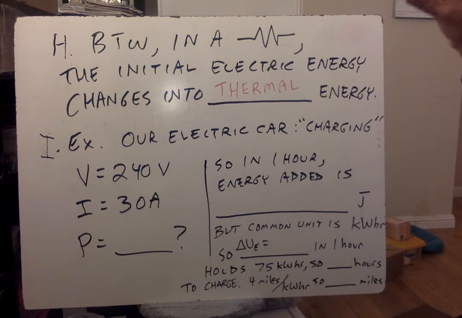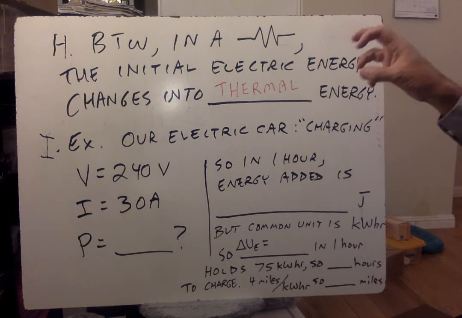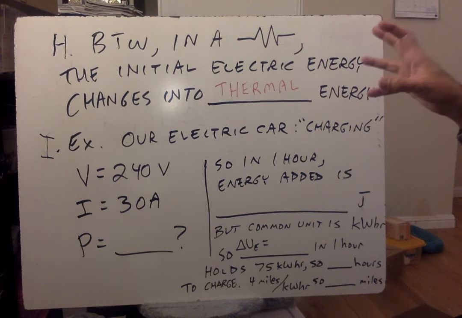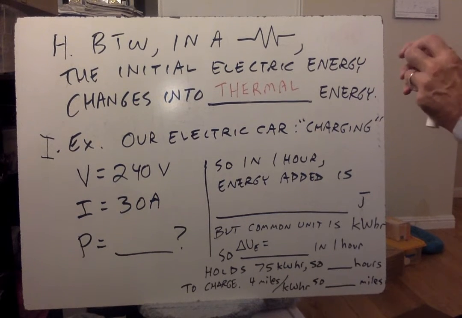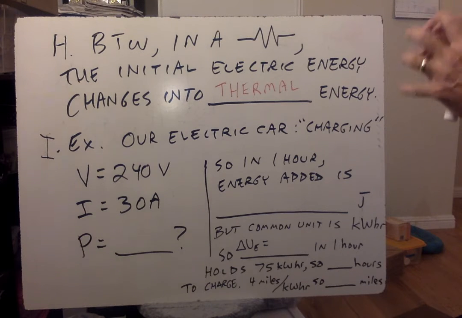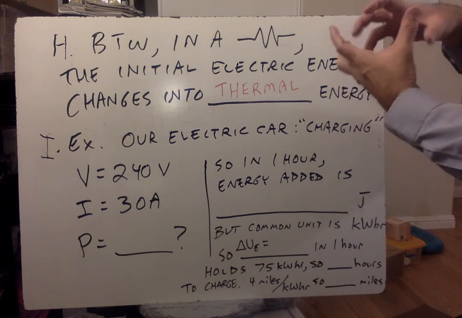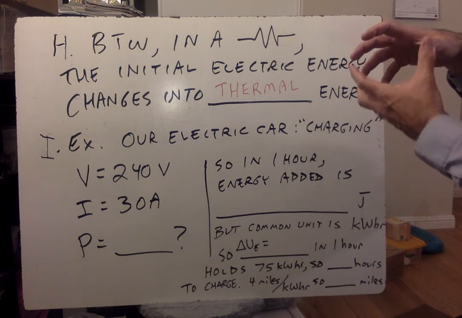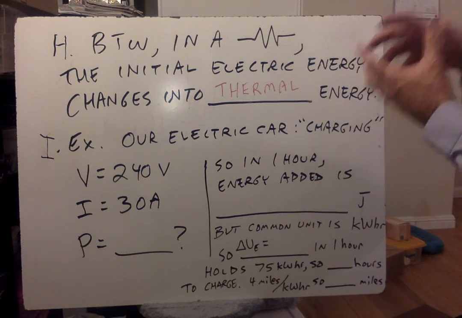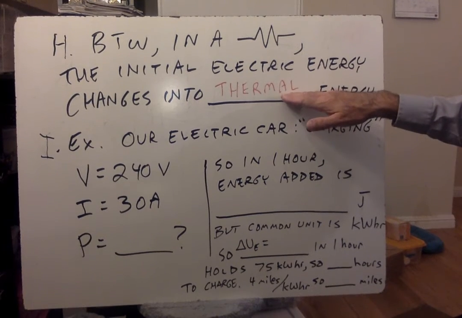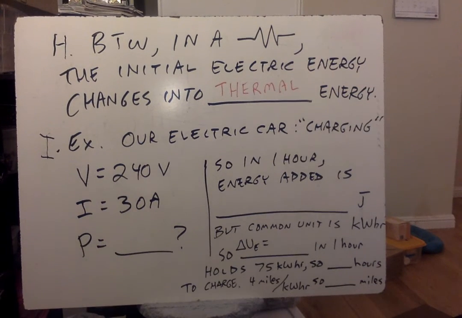And for this reason, resistors are in a little case, and if you need them to handle a higher power rating of thermal energy, more joules per second going through the case and out into the atmosphere to keep the resistor from overheating, you put it in a bigger case. So physically bigger resistors don't actually have more resistance. What they're able to do is handle more power, more thermal energy being produced in them per second without melting.